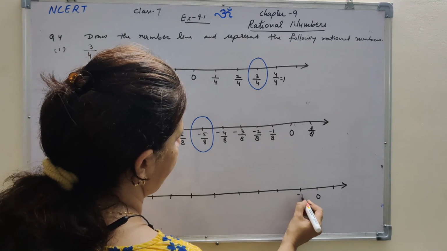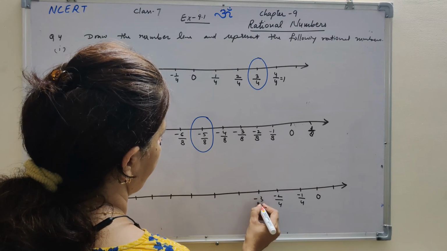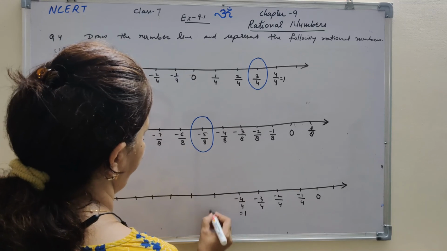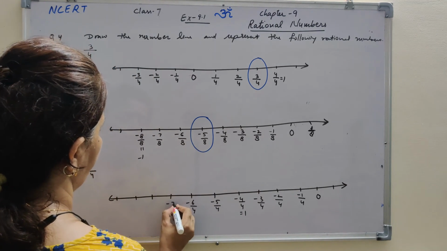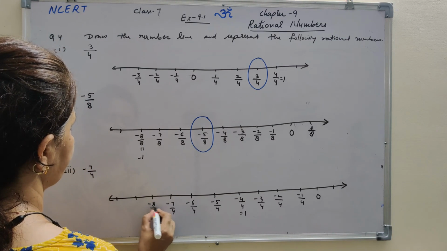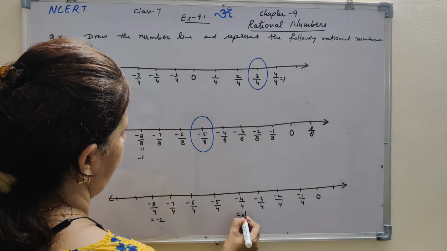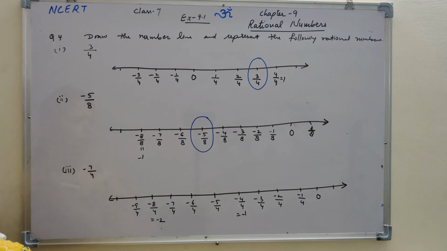first I will take minus 1 by 4. Next is minus 2 by 4, minus 3 by 4, minus 4 by 4, which is equal to minus 1. Minus 5 by 4, minus 6 by 4, minus 7 by 4, minus 8 by 4, which is equal to minus 2. Then minus 9 by 4 and so on it will go.